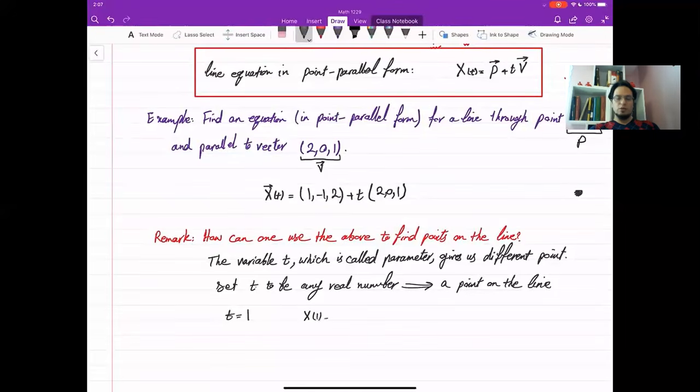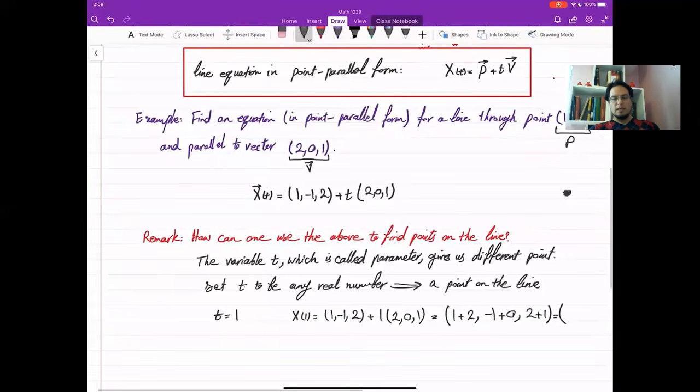For example, t equal to 1 means (1, -1, 2) plus 1 times (2, 0, 1). This is just component-wise: 1 plus 2, -1 plus 0, and 2 plus 1. That means for the parameter t equal to 1, we found (3, -1, 3). That is a point on the line.